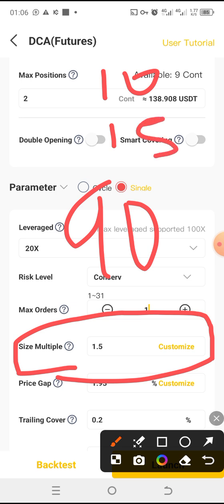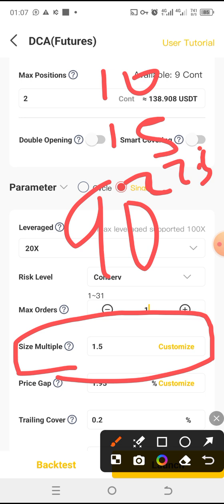So 1.5 of this, 0.5 of this is 7.5. So the next one will be 15 plus 7.5, that is 22.5, thereabouts. That's the next buy.